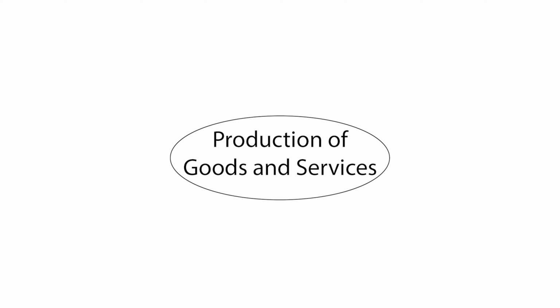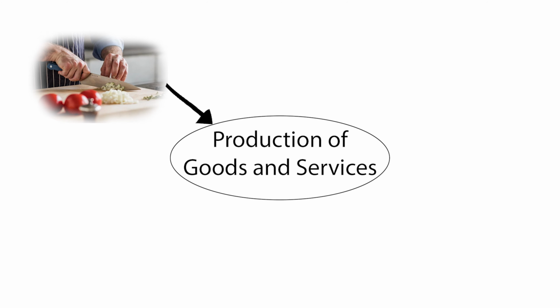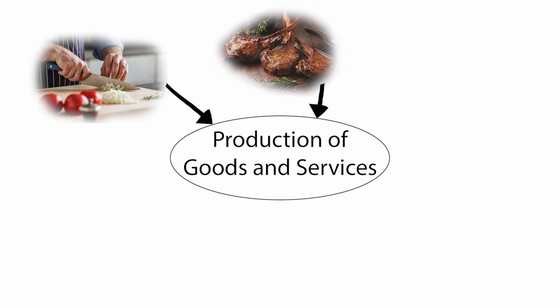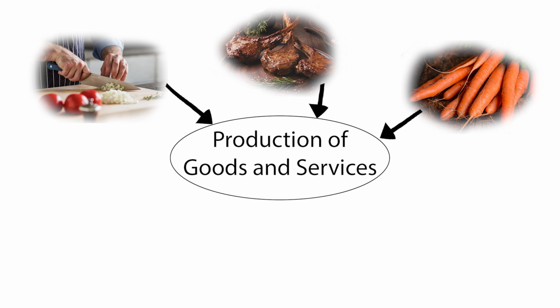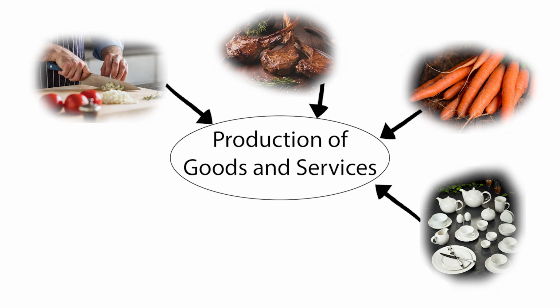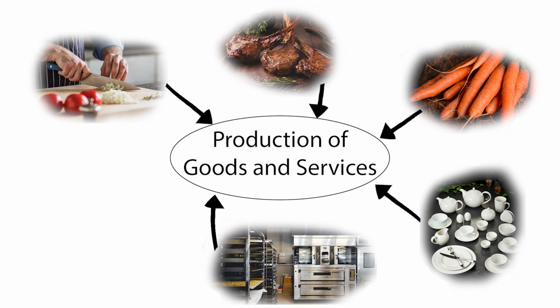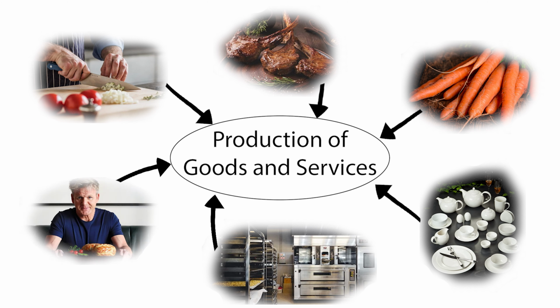And in a similar way, us economists like to say that when any firm produces a good or service, any good or service, they are combining a number of factors of production in order to do so. And we call this production, the combination of factors of production to create goods and services. But the important bit here is, what are those factors of production?